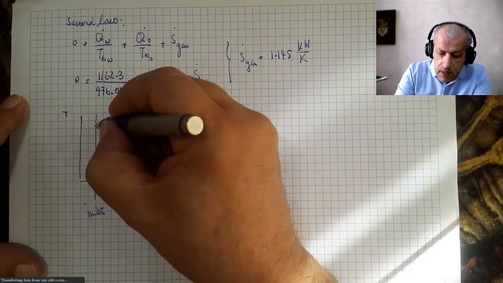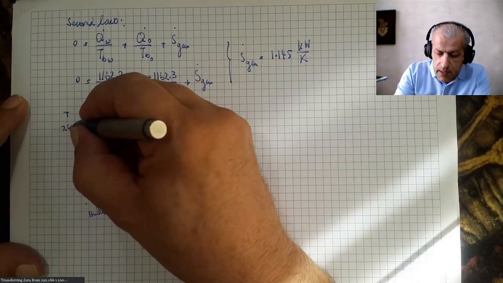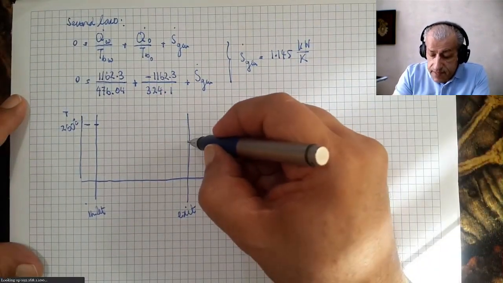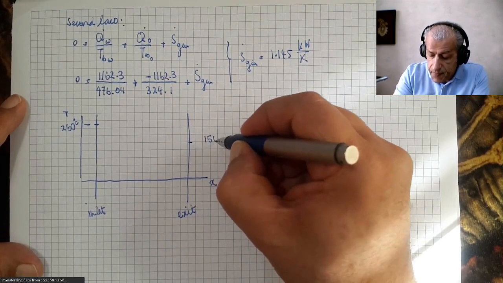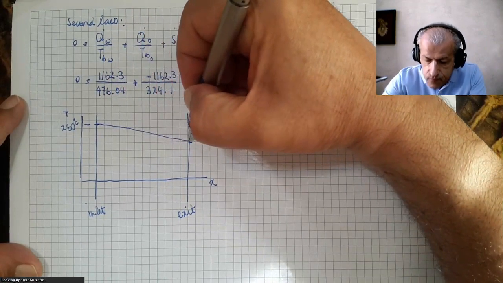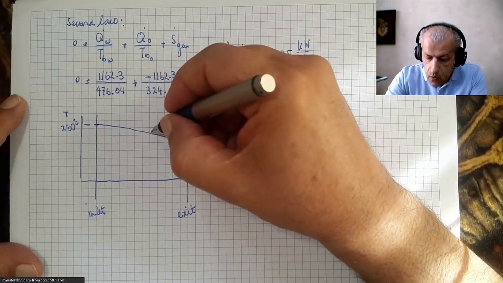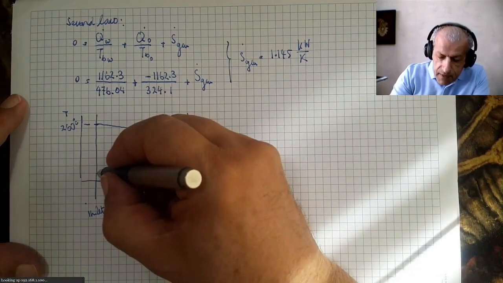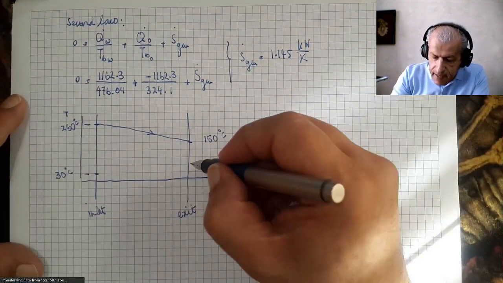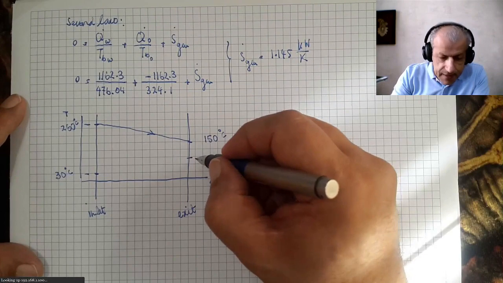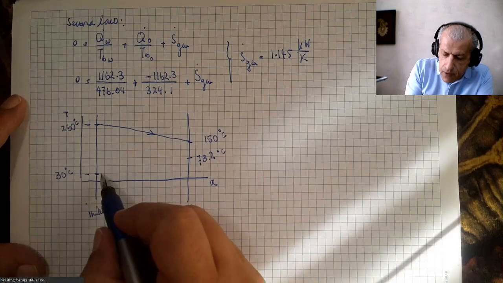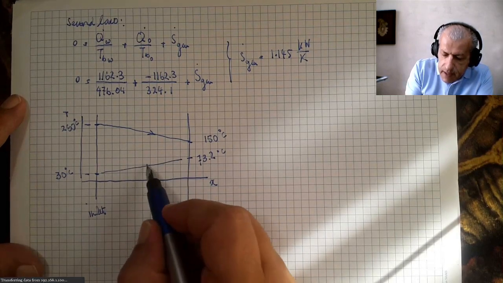Then as for the water side, this would be 260 degrees C, which is here, and this is, say, 150 degrees C, and the water side moves like this. On the oil side, it enters at 30 degrees C and leaves at 73.2 degrees C, and therefore the oil side would look like this.